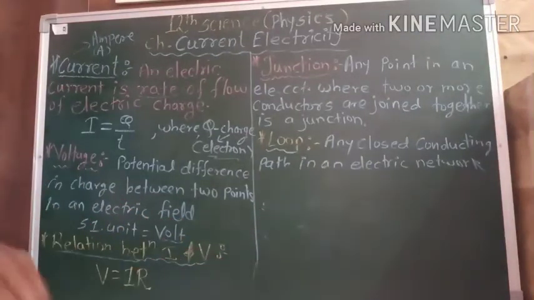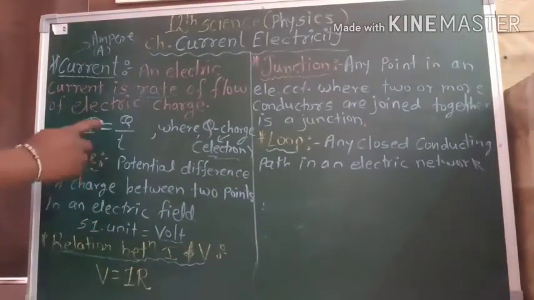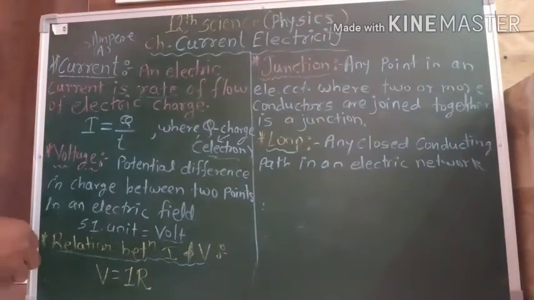Then the relation between voltage and current is seen in the previous standard, 11th standard. That is Ohm's law, in which we study the resistance. So what is meant by resistance? Resistance is the measure of opposition to the electric current through the conductor.